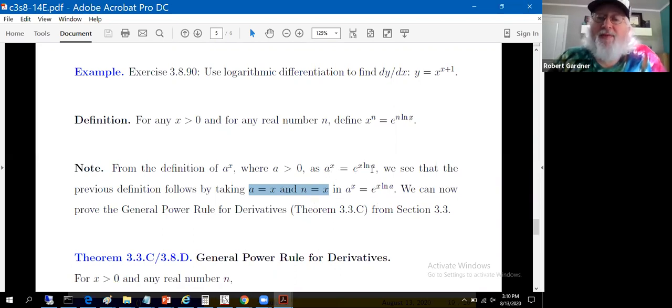You can rewrite this as that. You move the x's around and the a's around, and you'll produce something of this form. So x to the n, e to the n natural log of x. This is consistent with what we had before. So now I know what it means to take any positive variable x and raise it to n, a real number, any real number exponent.